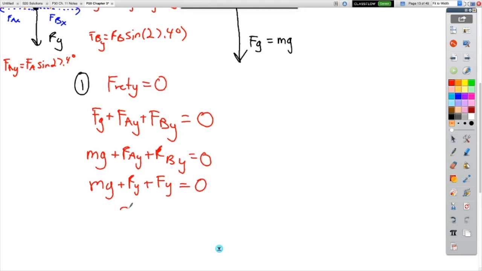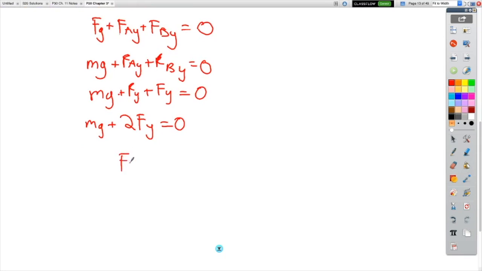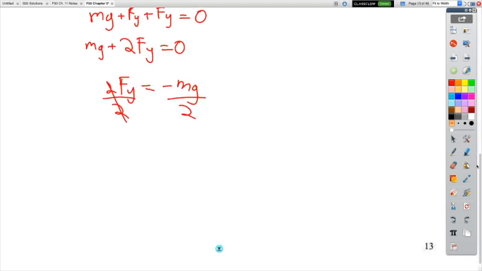So that means mg plus 2Fy equals 0. So 2Fy equals negative mg. That's me subtracting mg from both sides to get Fy by itself. Okay, divide by 2, and look at that. Fy, which is the size of both Fay and Fby, equals negative mg over 2.